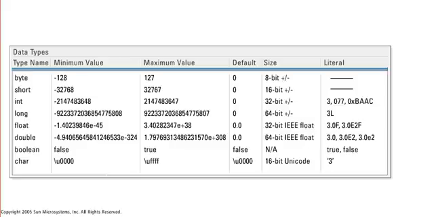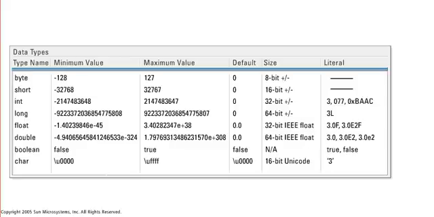Now the reason we have 4 integer data types is because they each take up a different amount of memory and can hold different value ranges. For instance, the byte is the smallest integer data type, and it takes up 1 byte of memory. But it can only hold values from -128 to +127.